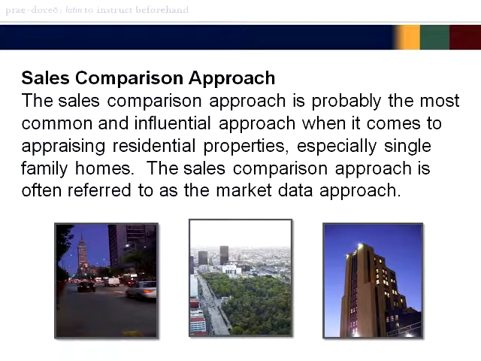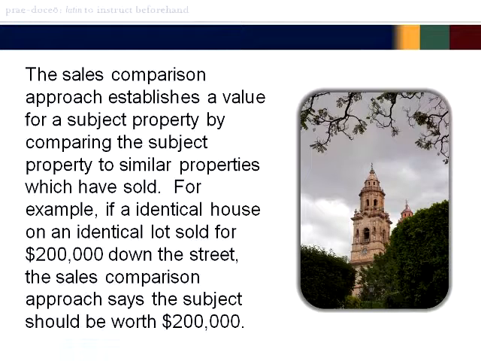The sales comparison approach is often referred to as the market data approach. The sales comparison approach establishes a value for a subject property by comparing the subject property to similar properties which have sold. For example, if an identical house on an identical lot sold for $200,000 down the street, the sales comparison approach says a subject should be worth $200,000.